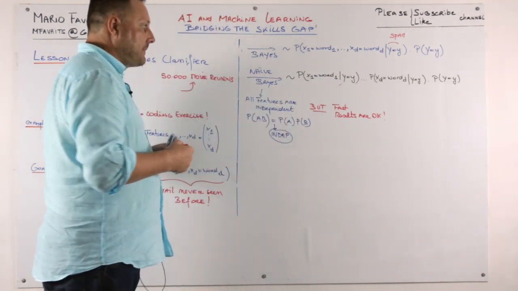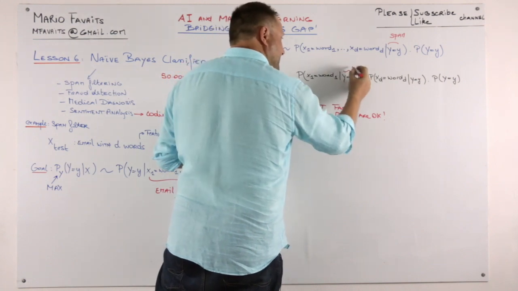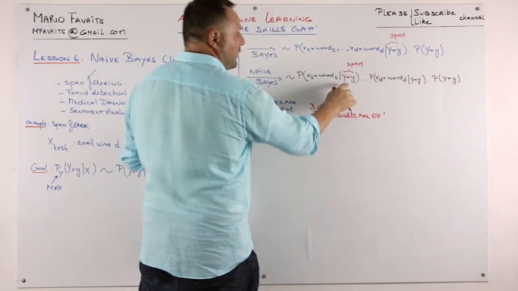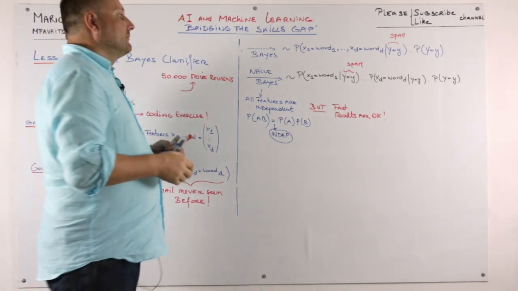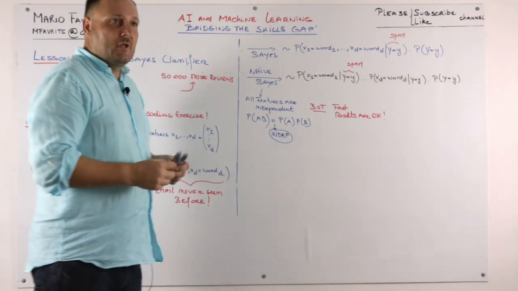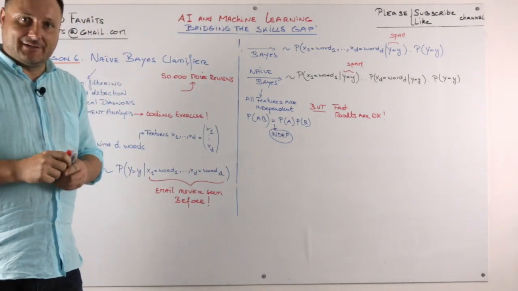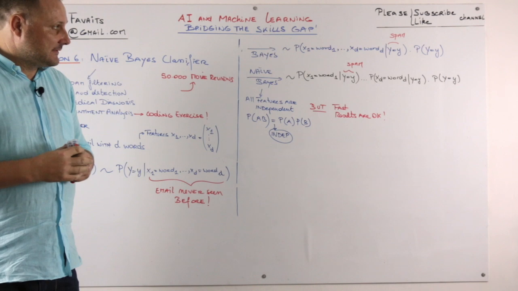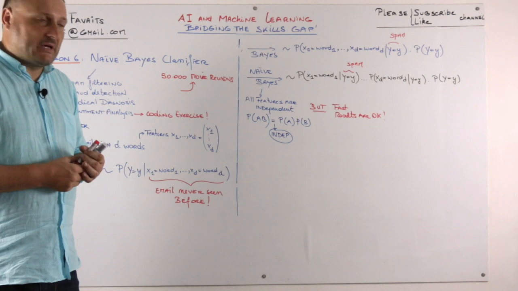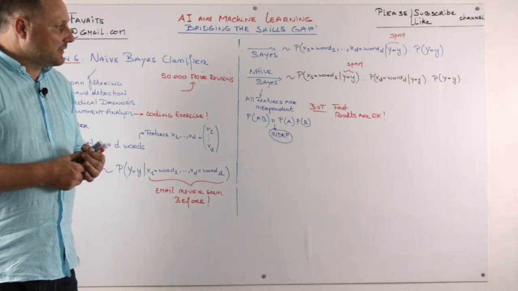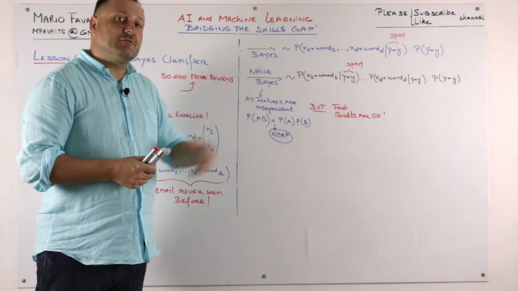It means that given my email is spam, what is the chance that I get to see word x1? For example, this word can be Viagra. If the email is spam, how big is the chance that I will find the word Viagra in the email? So that's a lot easier to calculate. And this is the whole trick of naive Bayes. And basically what we're going to do is look at a few examples so that you get a better feel of what it exactly means.